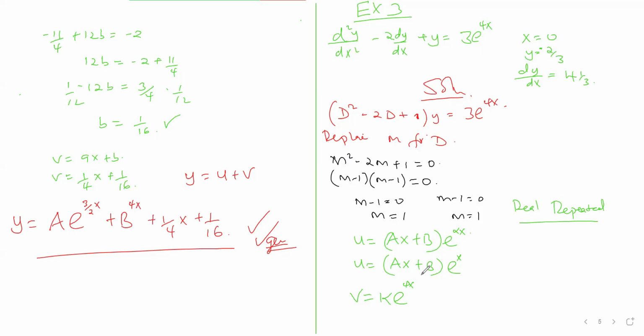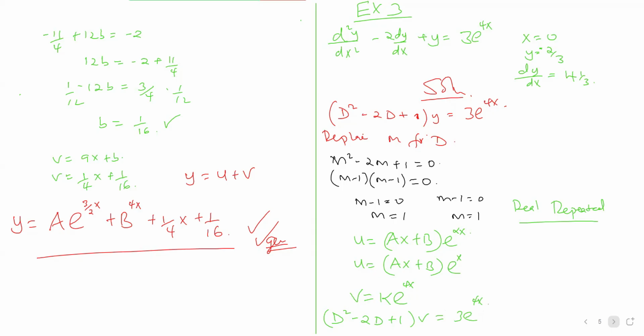So now from there, you can rewrite this part, then v. So we shall have d squared minus 2d plus 1 into bracket v equals 3 exponent 4x. So remember the part here is to determine the value of k.